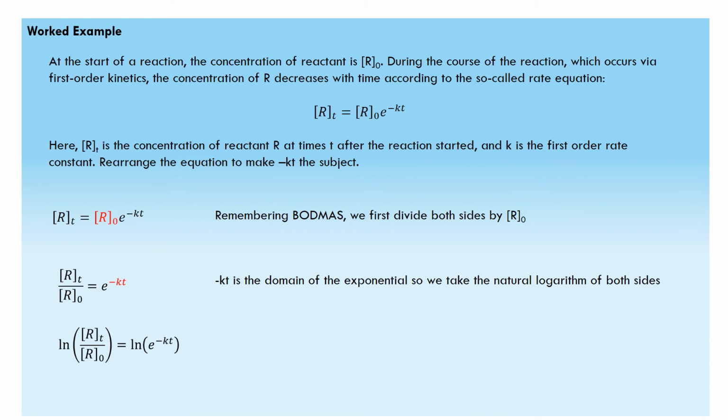So the natural logarithm of Rt over R0 is equal to the natural logarithm of the exponential of minus kt. We know, therefore, that the natural logarithm of e to the x, or e to the minus kt, is equal to x, or minus kt. So we are left with an expression whereby minus kt is the subject and is equal to the natural logarithm of Rt over R0.